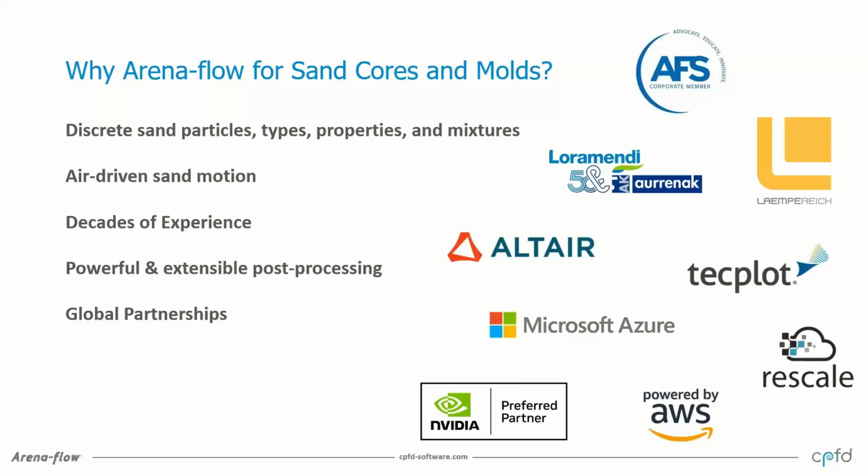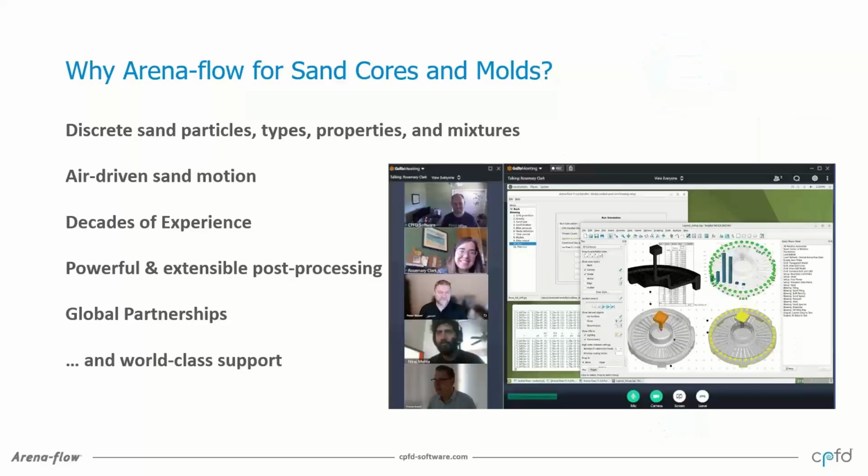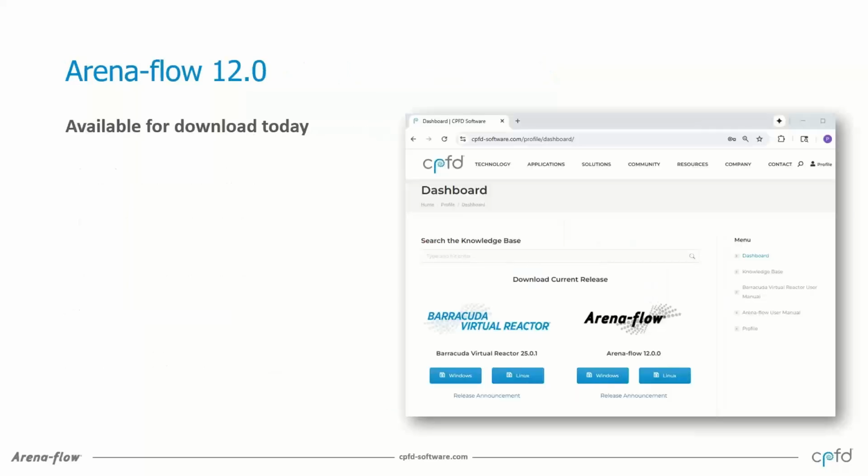So if there's a need you have that goes beyond just simulation, us and our partners can come together to meet that need. And finally, we are here to support you as an ArenaFlow customer. So for those of you who do have access to ArenaFlow, maybe have downloaded or about to download ArenaFlow 12, please contact us if we can be of any assistance, whether that's with the setup, the post-processing analysis, even some core making questions. And with that, let's get to the topic of today's webinar, which is ArenaFlow 12.